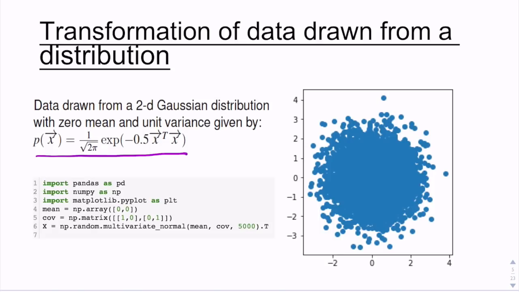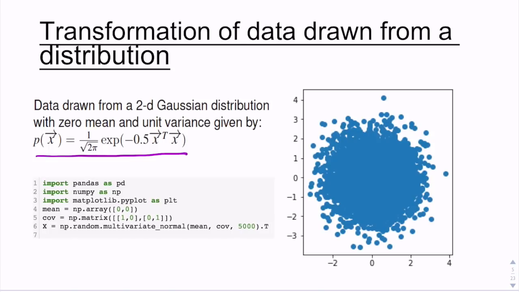You can convince yourself why the formula looks like this, because we previously showed the multivariate normal distribution, in particular for two-dimensional data. So in here, x is a 2D vector. If you want to generate these samples, you can refer to the notebook files, where we have a piece of code.